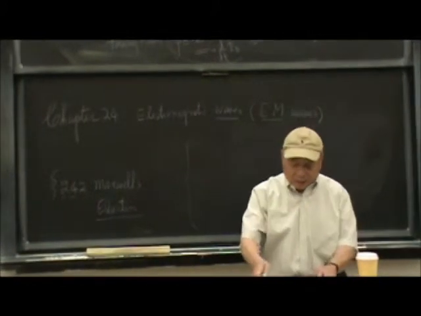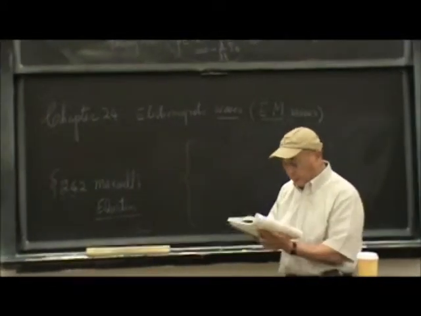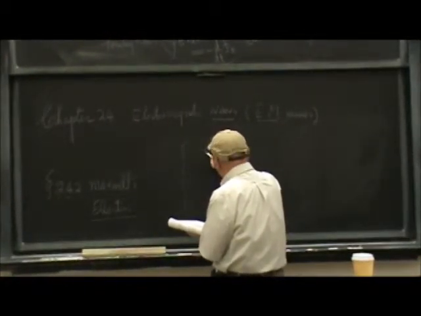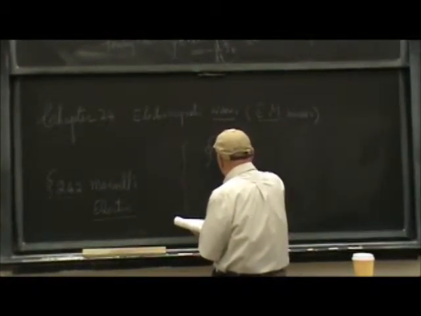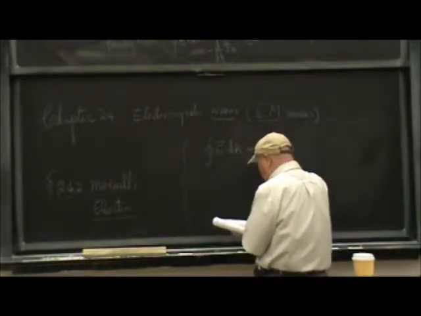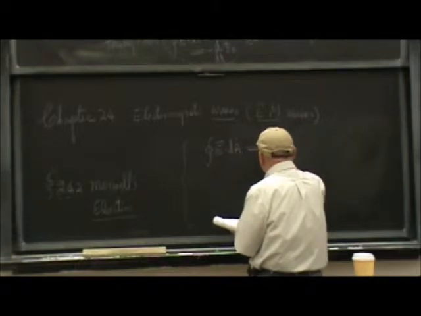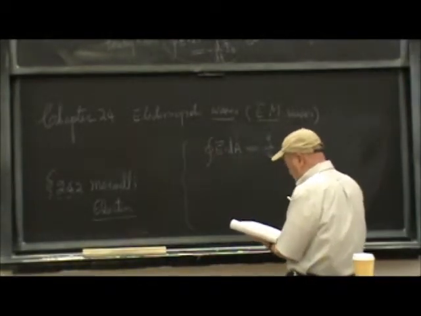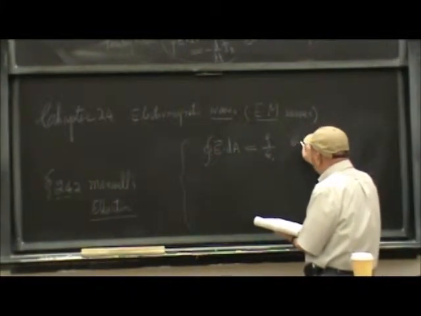The four are: first, the integral of E dot dA equals Q divided by epsilon sub 0, which is called Gauss' law.